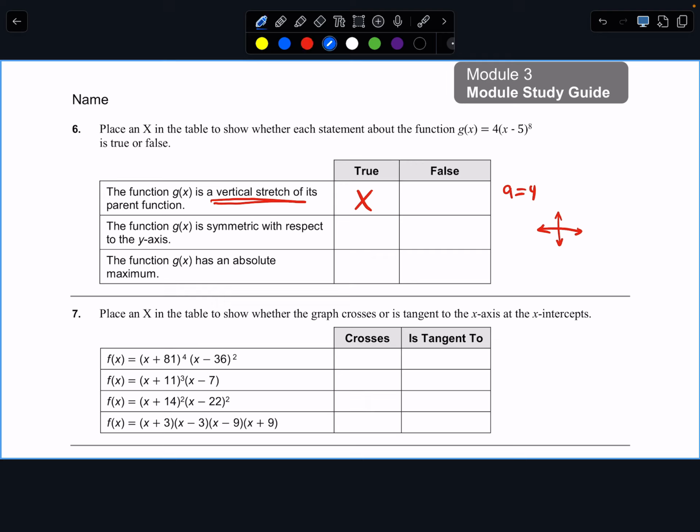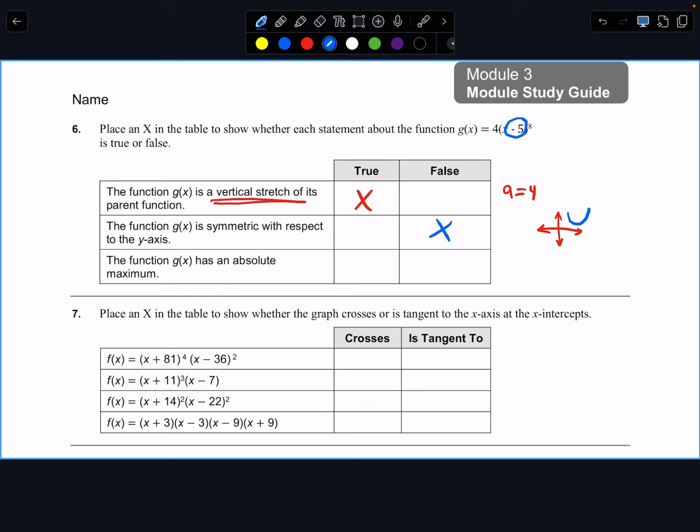This transformation right here, when you subtract 5, what letter's in the place of that 5? H. What kind of transformation happens when you have h of 5? Right. You're moving right. So my function is going to be somewhere over here, isn't it? Is that symmetry on the left and the right of the y-axis? No. So this is false.